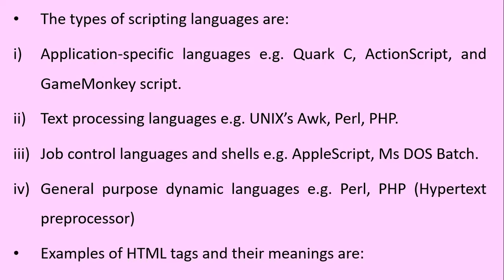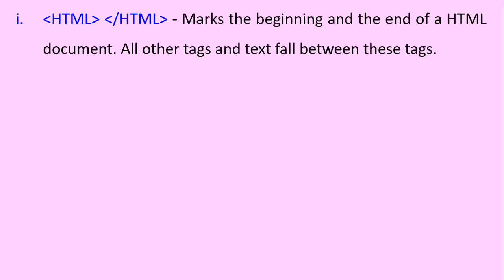Some examples of HTML tags and their meanings are, number one, we have this statement. Here we have the less than sign, HTML, greater than sign, then less than sign, / HTML, greater than sign. This marks the beginning and the end of an HTML document. All other tags and text fall between these two tags.